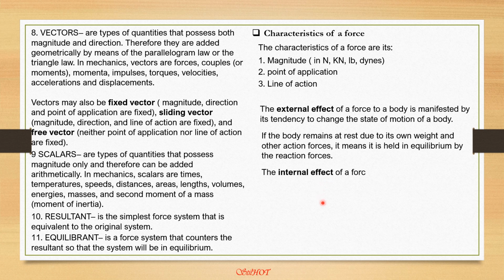The internal effect of a force on a body is manifested by producing stresses and deformations. These are not seen externally because we have to investigate the body internally, and we have to compute for these stresses and deformations.